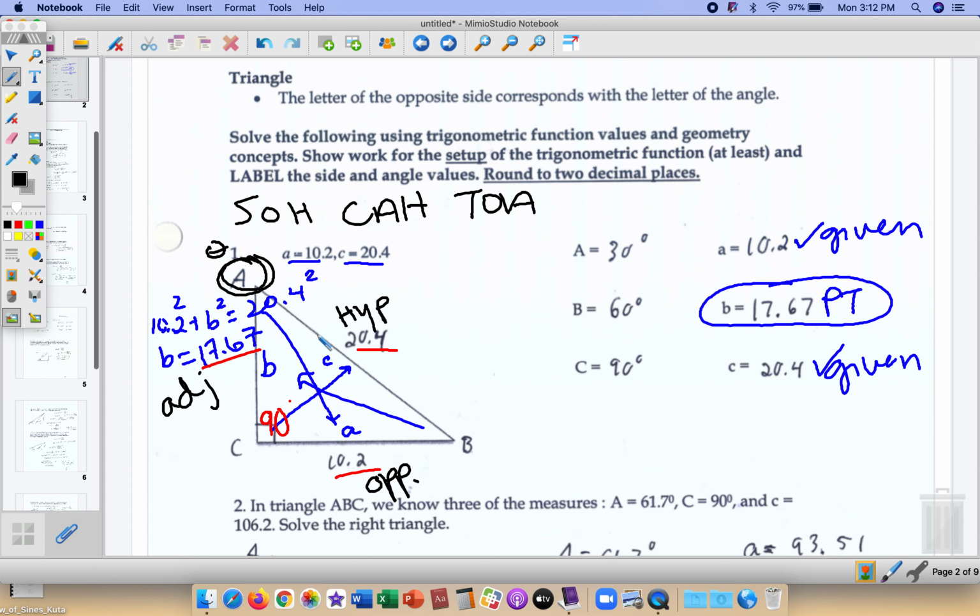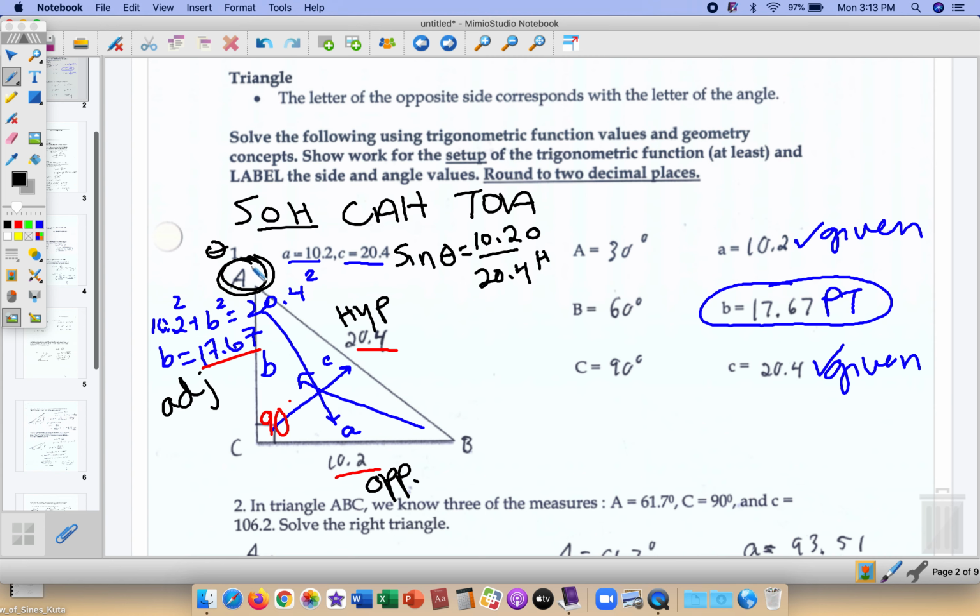Now, if I want to find angle A, let me decide what part of SOHCAHTOA I want to use. So let's write sine of theta. Now we know that sine is opposite over hypotenuse. So the opposite of the angle is 10.2. Hypotenuse is 20.4.